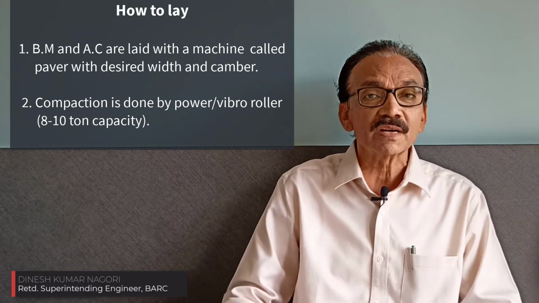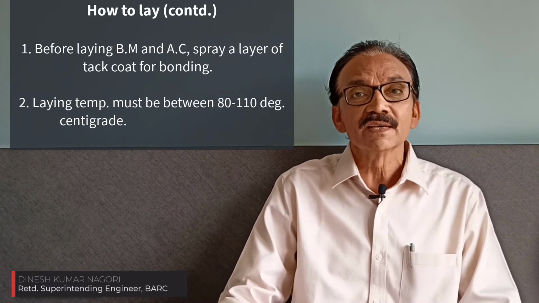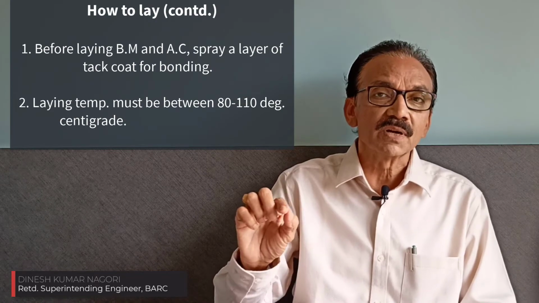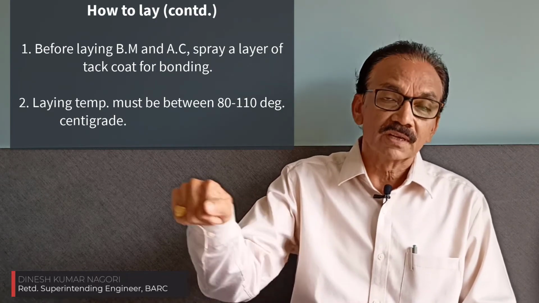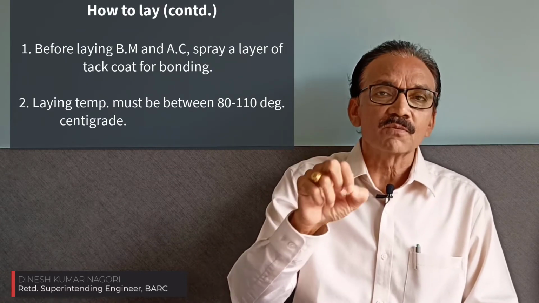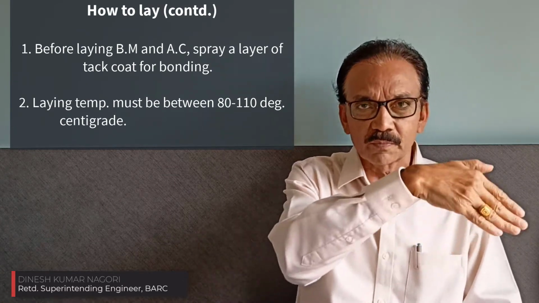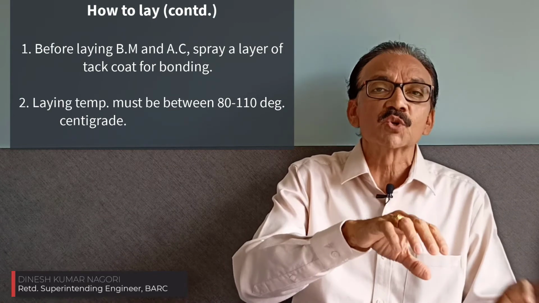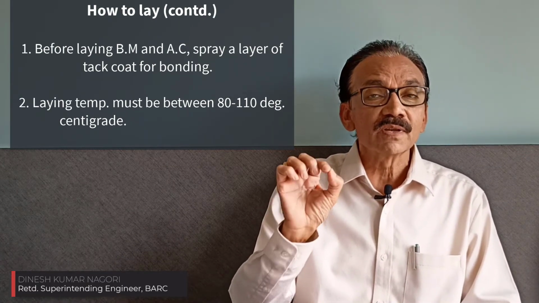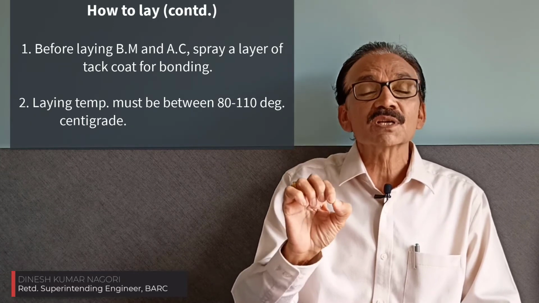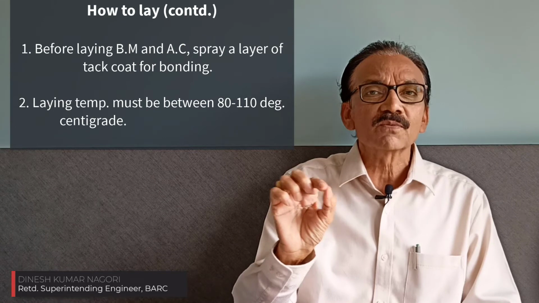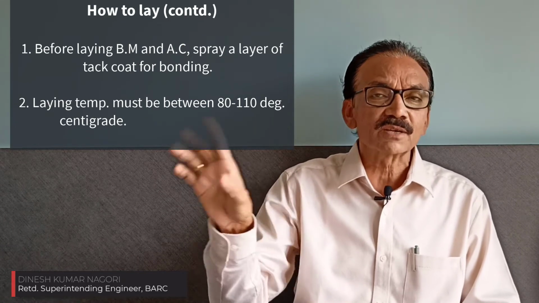But before that, one important point which we generally ignore at site is the tack coat. Tack coat is nothing but hot bitumen laid with a pan having a number of holes, so that on the bare surface of WBM some bitumen content is there for bonding purpose. That requirement is very, very important, and the consumption should be at least, I think what I remember, 1 liter for 10 square meter, or you just check your specification.